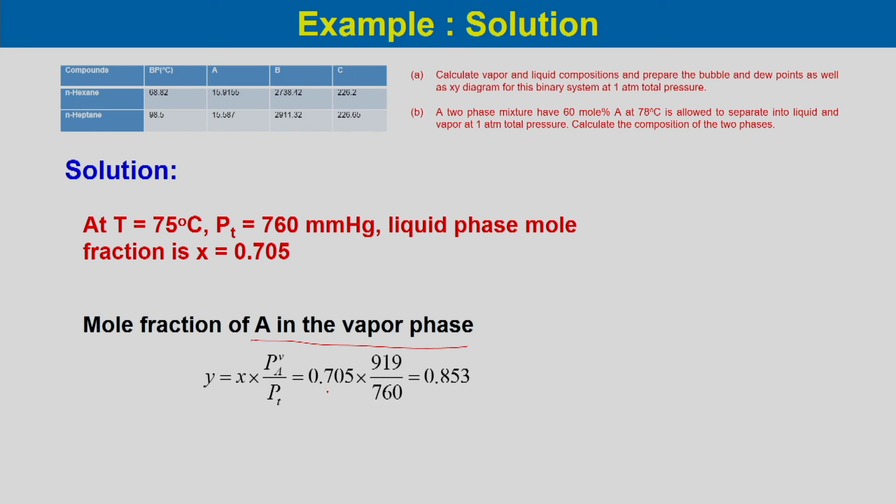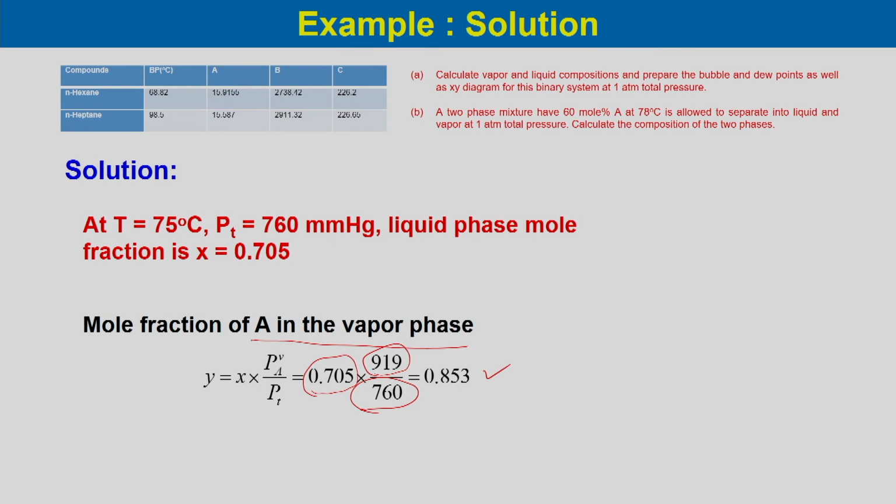So, x we have calculated as 0.705, PAV is 919, Pt is the total pressure, and we get y as 0.853. Using different temperatures in the range from 68.82 to 98.5, in similar fashion we can obtain the x and y data and the vapor pressure for both the components.